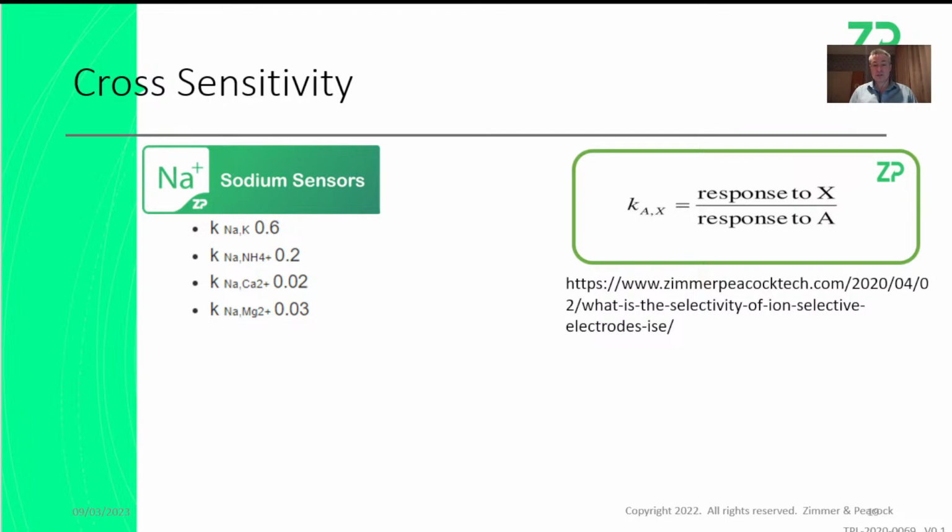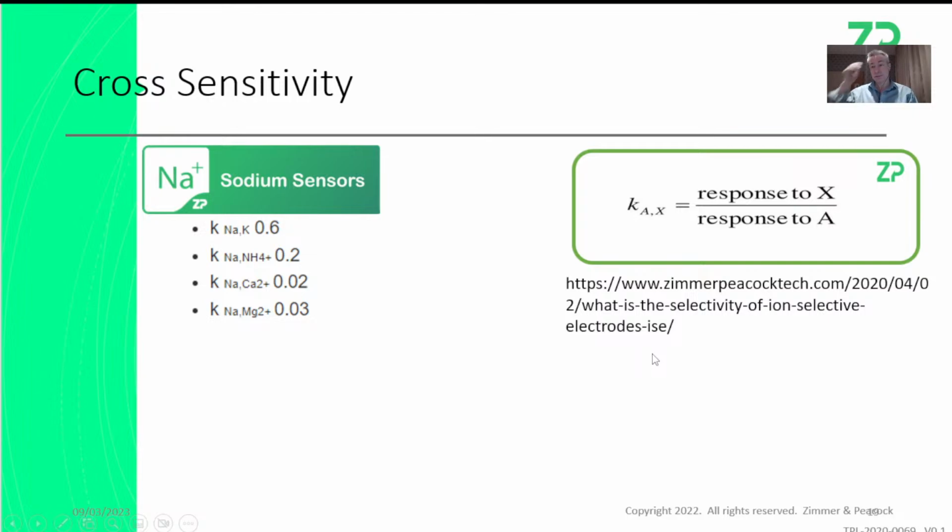So this sort of cross-sensitivity doesn't matter. In blood, the sodium concentration is about 135 millimolar, whereas the potassium concentration is maybe something like 5 millimolar. So cross-sensitivity is really in the context of what ions you are expecting. I think the worst case between cross-sensitivities is really the sodium sensor, which shows some reactivity towards potassium.